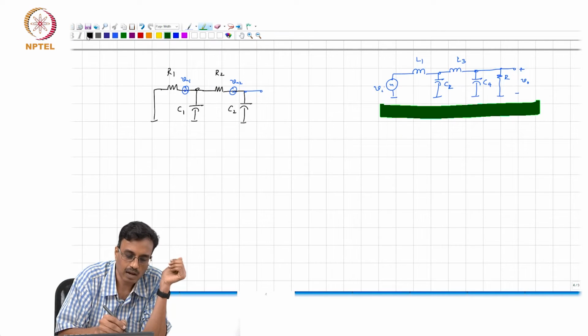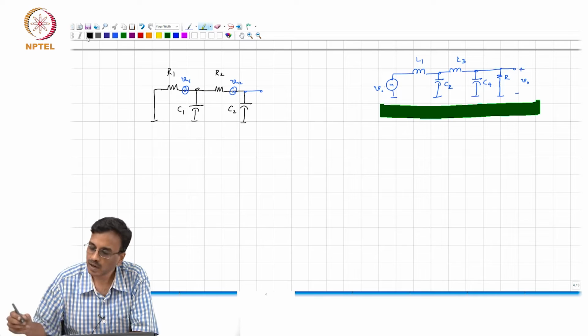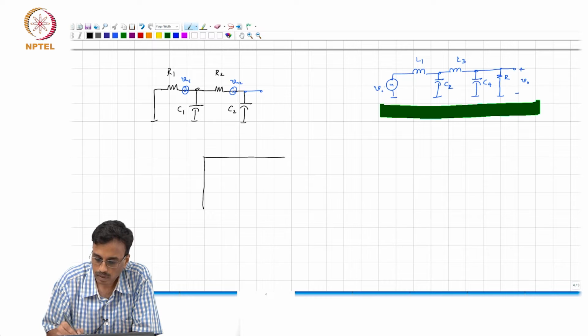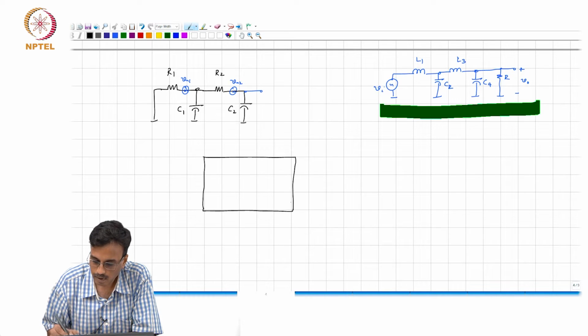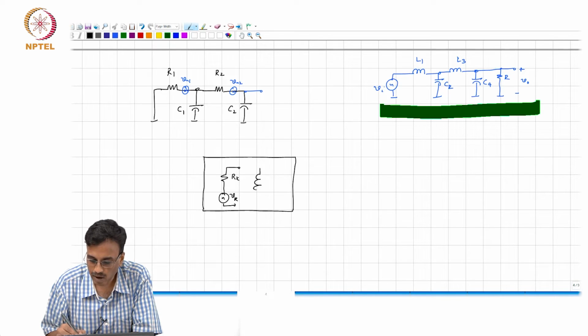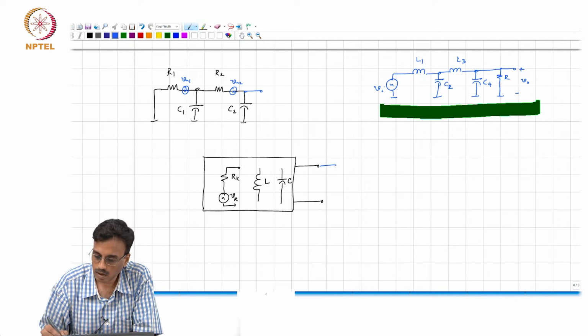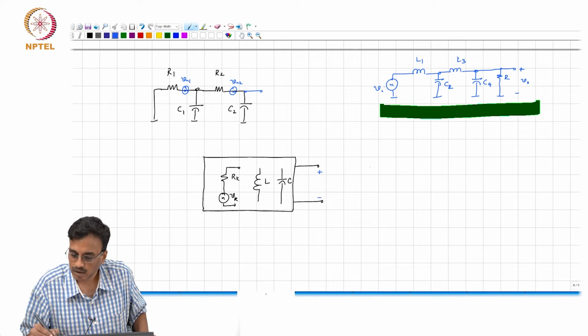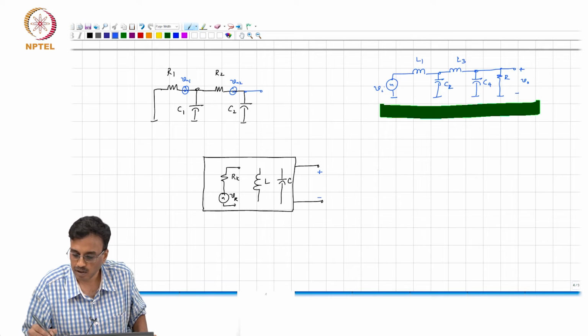All right. So, let us try and see how we can do this. Again, this is R sub k, this is V sub k, and we have L, we have C. And we are interested in finding what is the noise spectral density at the output.